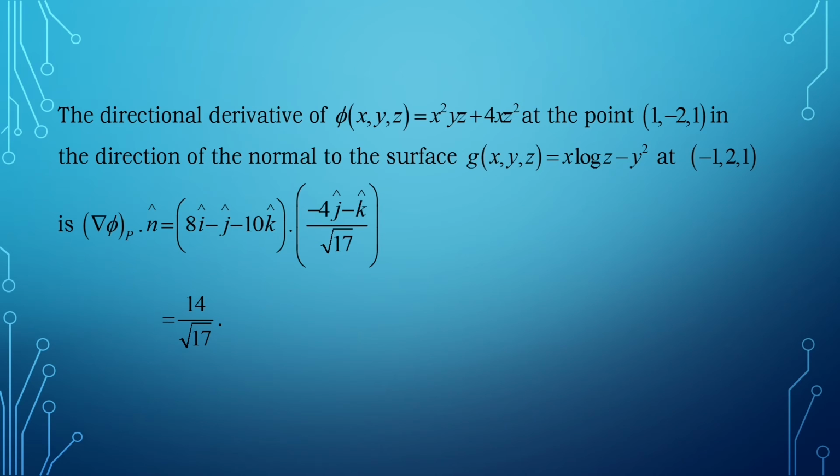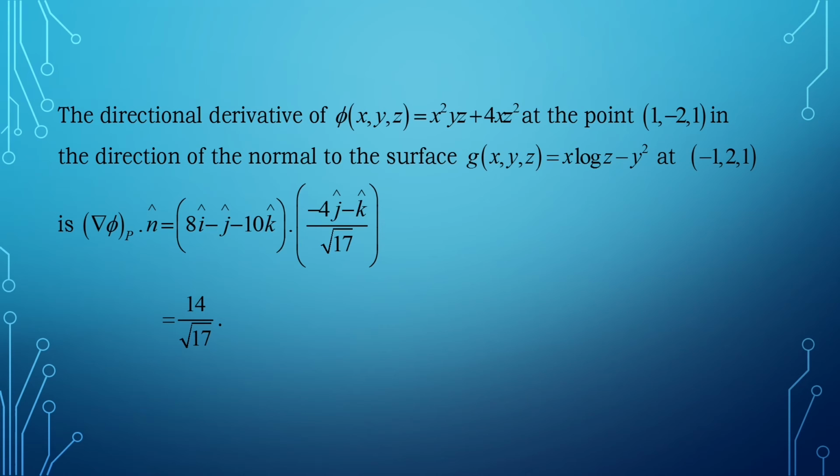Now, we have to find out the directional derivative of the given surface phi at the given point P in the direction of u cap. Here u cap equals del G at Q. Now we have already found a unit vector n cap in our previous part.